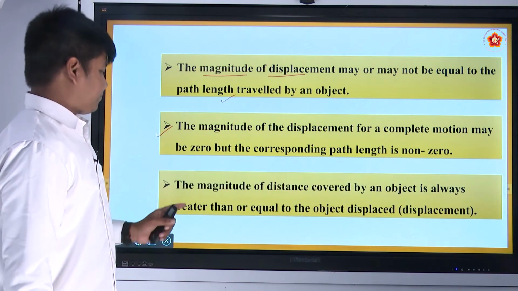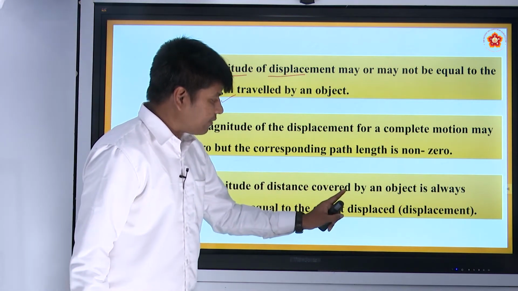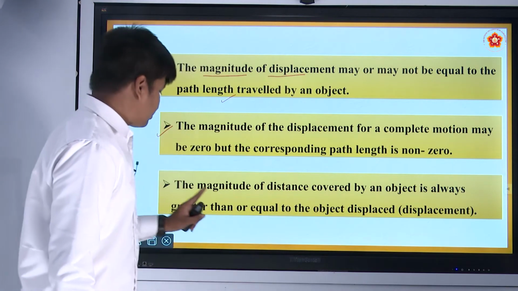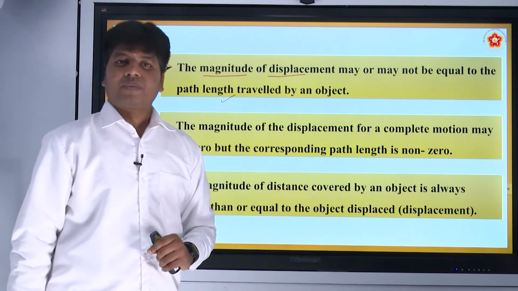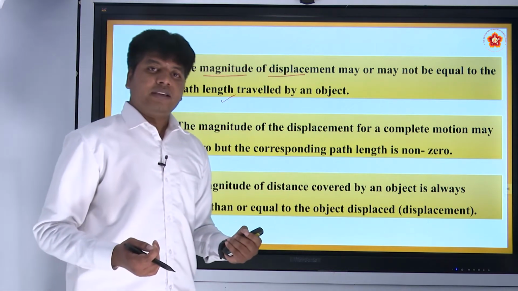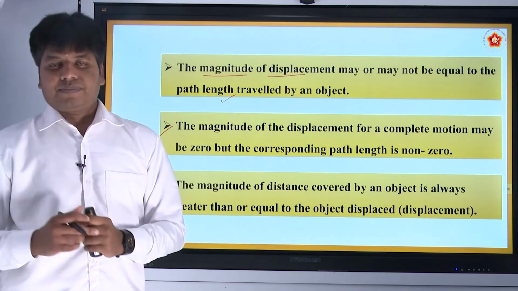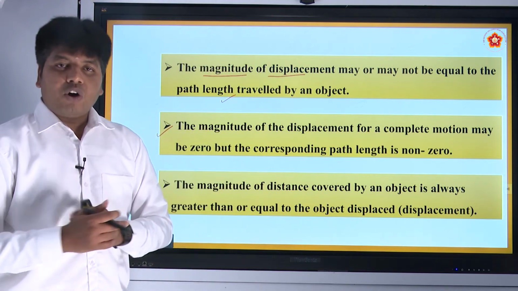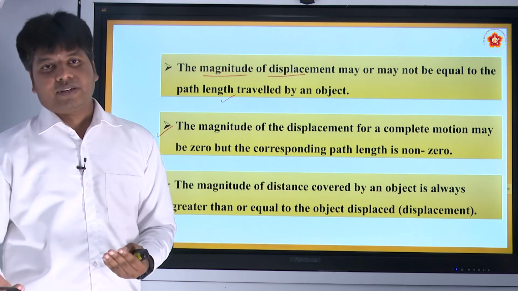And third, therefore, the magnitude of the distance covered by an object is always greater than or equal to the object's displacement. Yes or no? The minimum possibility is where the distance is equal to the displacement. In all the other cases, the distance is greater than the displacement.